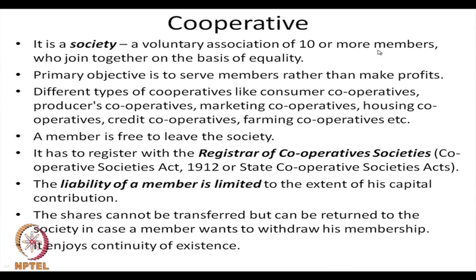That means every member has equal rights in the running of the cooperative, and it is voluntary. The primary objective of such a business is to serve members rather than make profits. So, that is the primary objective of a cooperative, to provide service to its members.